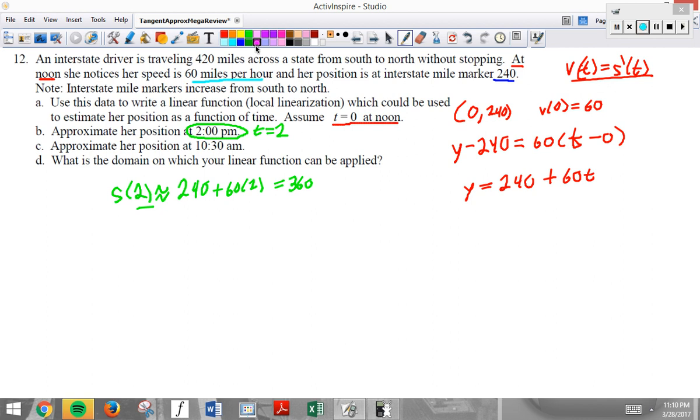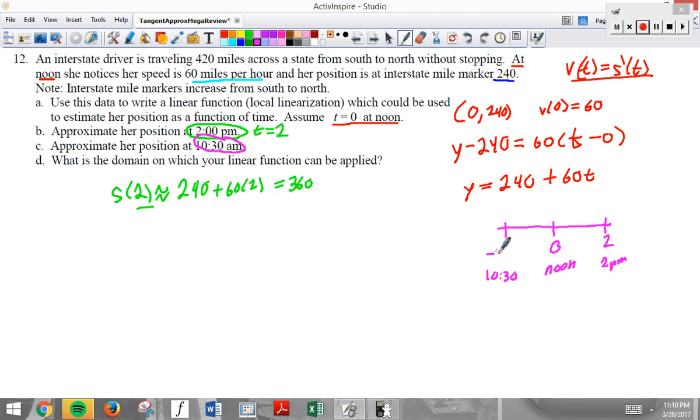Approximate her position at 10:30 a.m. So here's the issue everyone had. If that's 0, which is noon, and here's 2, just so I can measure, 2 p.m., where's 10:30 on this number line? 10:30 is over there. What's the t coordinate? Try it.